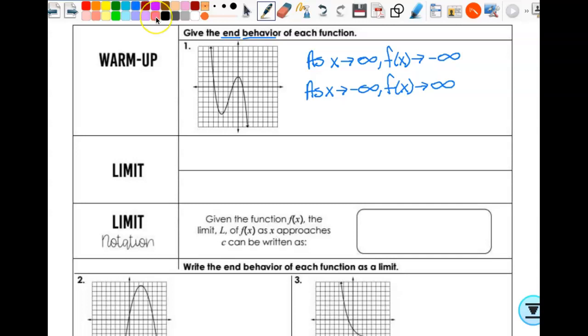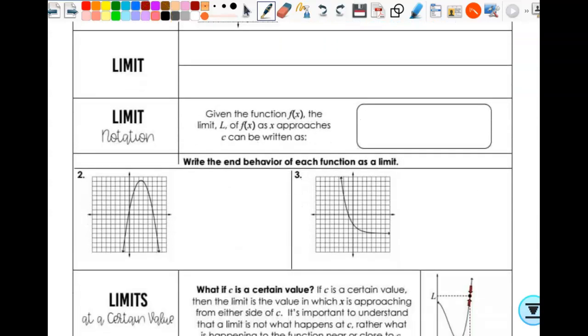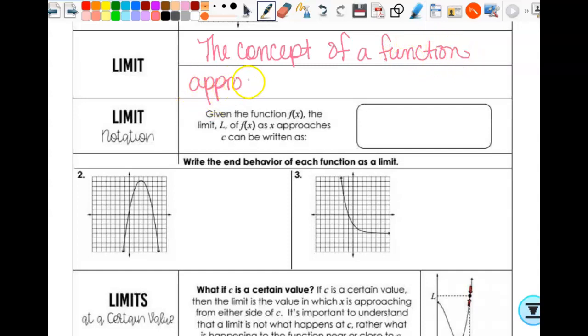So let's talk about what a limit is. A limit is the concept of a function approaching, and that word is very important, approaching a certain value.